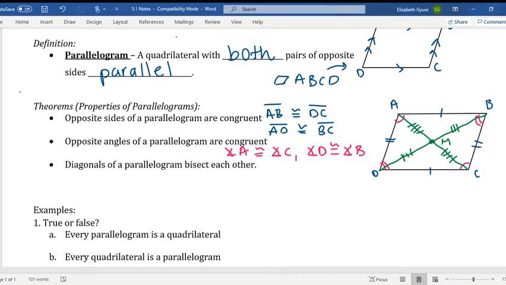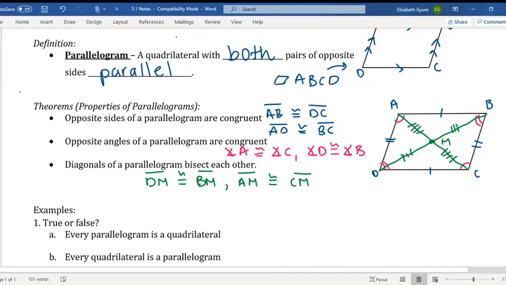So segment DM would be congruent to segment BM, and segment AM would be congruent to segment CM. So those are our properties, and we're just going to try out some examples using those.